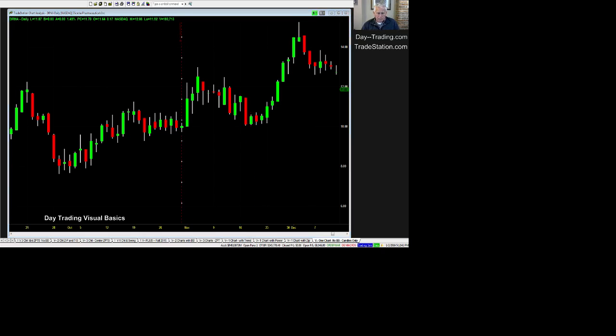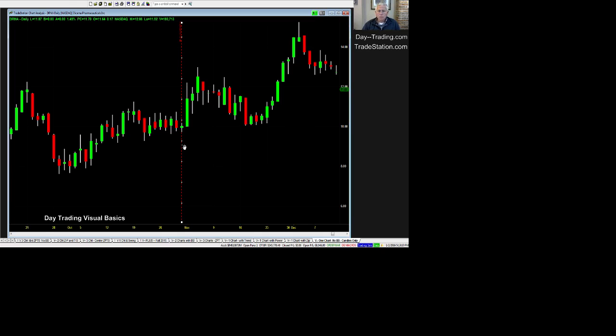Back over here we have a small spinning top. Again, it's after a period of consolidation, and for a candlestick, that's usually a pretty good sign. The next day it's going to go up, but again, I don't use candlesticks to trade, but I do use candlesticks to verify.